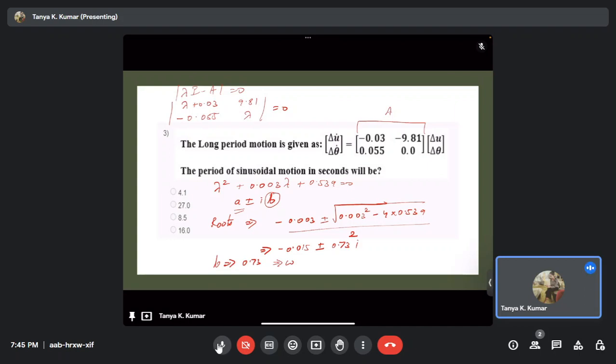Now when you know frequency, how do you find out time period? For any oscillatory motion, what is the time period? How do you find time period if you know frequency?